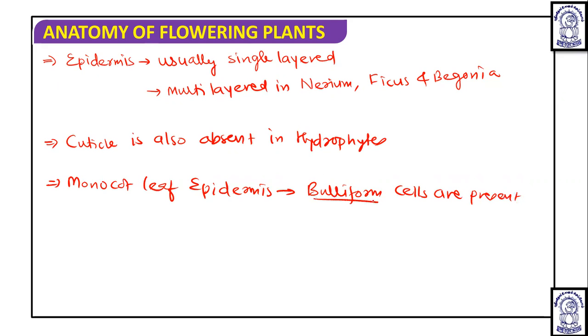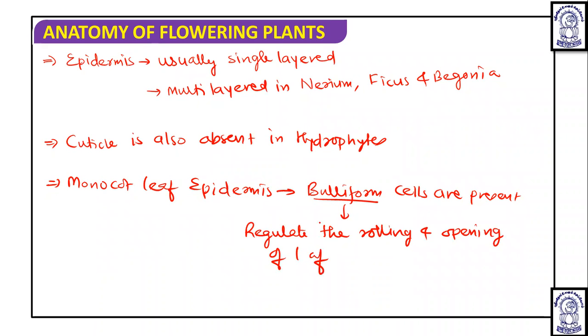We will discuss these bulliform cells when we discuss the structure of the monocot leaf. But these bulliform cells regulate the rolling and opening or straightening of the leaf. So this is about the monocot leaf epidermis.